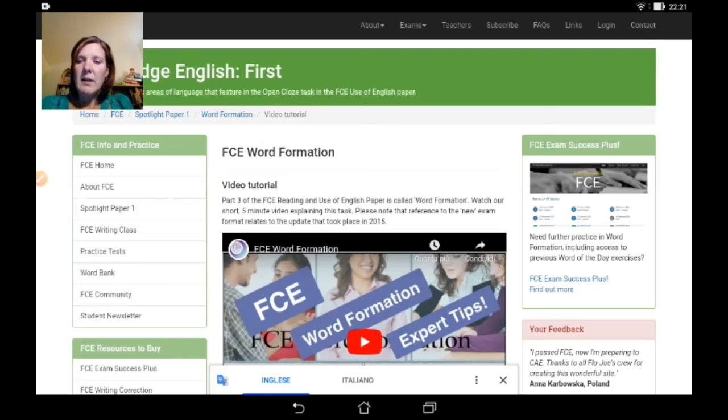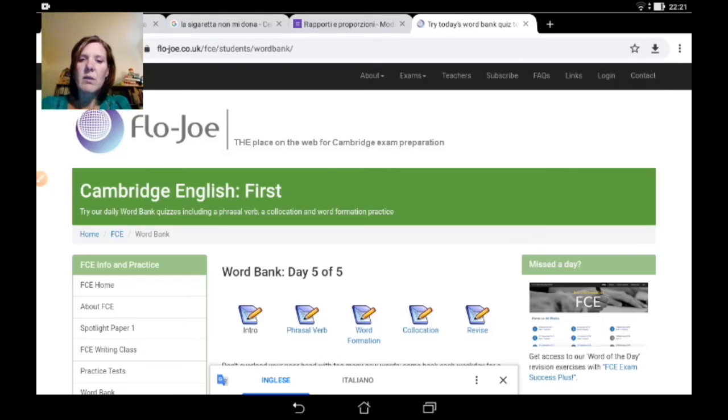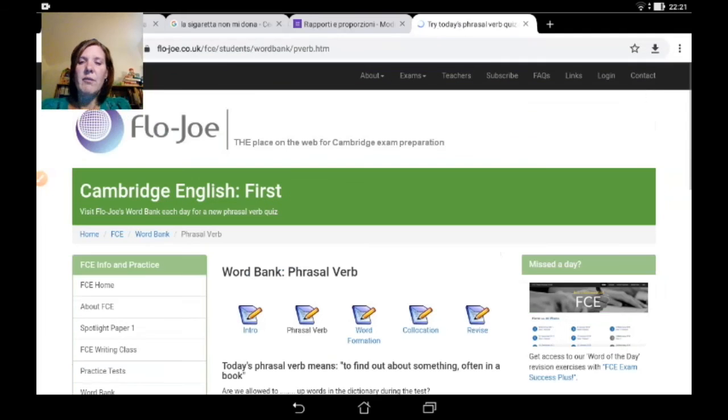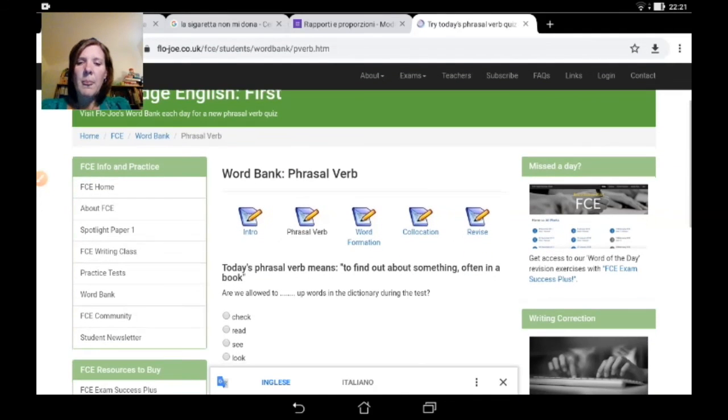The other thing that I think is particularly useful on this website, the word bank. If you go back to the menu on the left and click on, excuse me, word bank. So every weekday, they give you a new phrasal verb or a word formation or a collocation to look at. Let's just click on the phrasal verb, for example.